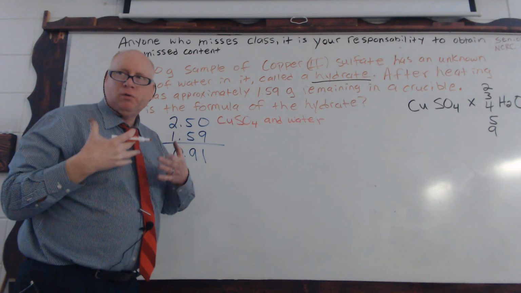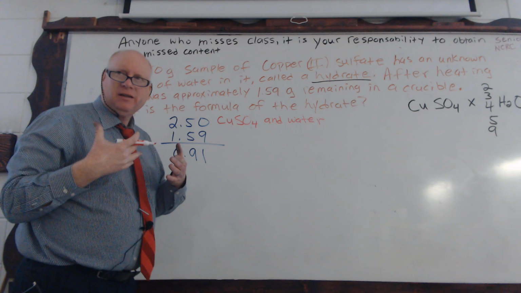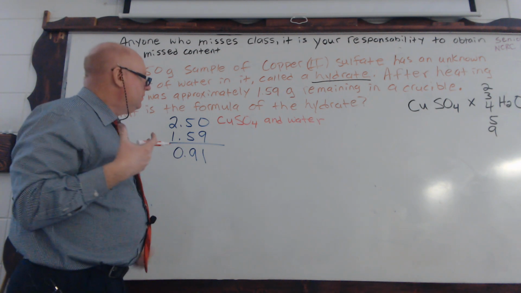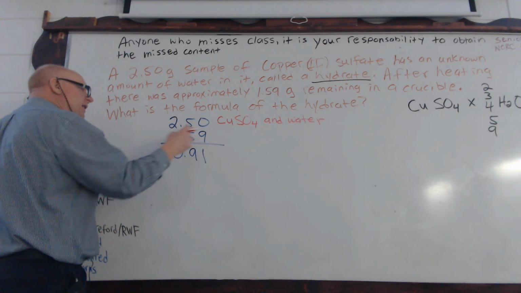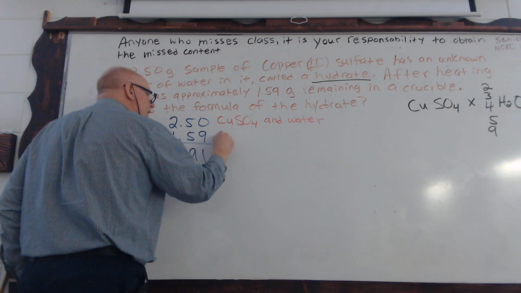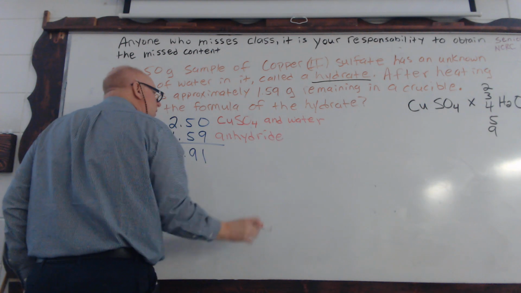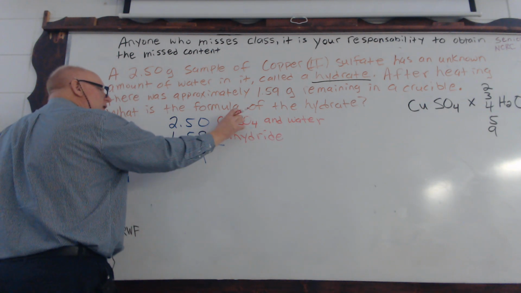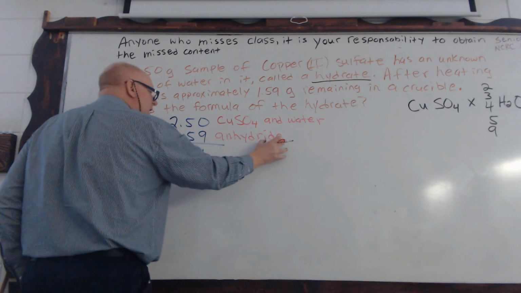Because you've already driven it off. So you remove the water because this is still a solid here. So this is what we call an anhydride. Okay, so if this is the hydrate, the powder that you would see remaining is what we call an anhydride.